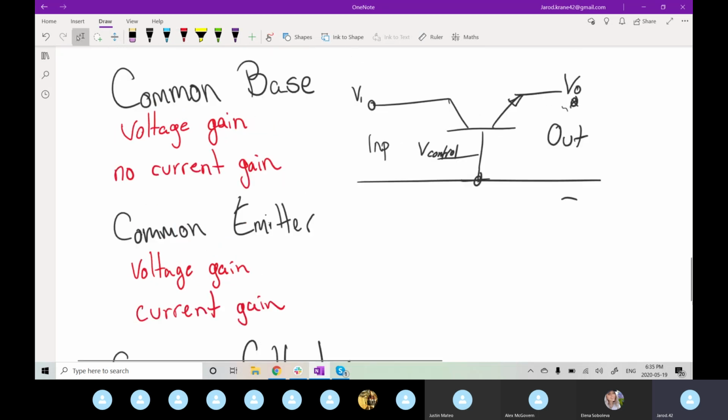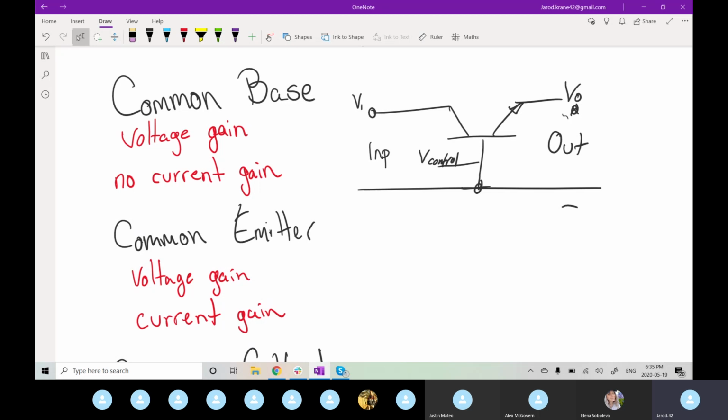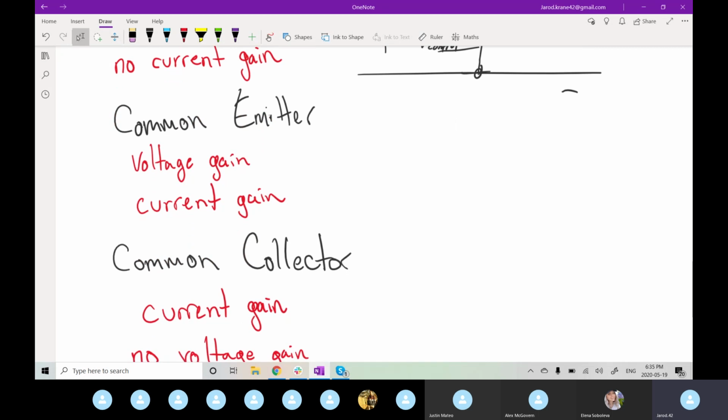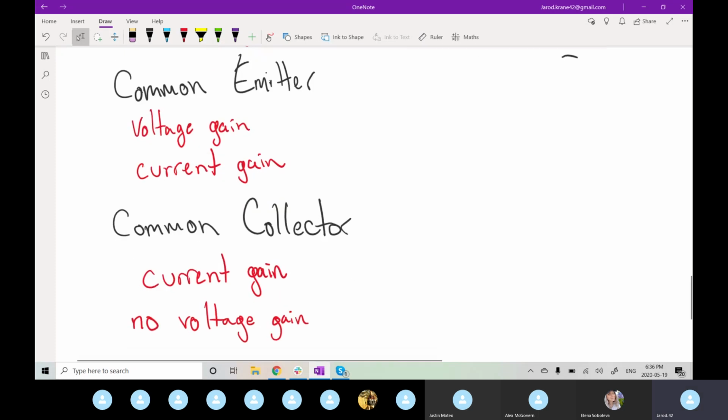So if we wanted to hold constant current and modify the voltage, or if we wanted to achieve both voltage gain and a current gain, we can set it up in a common emitter. And then same with common collector if we only want to see a current gain, which is quite a common design that's used.